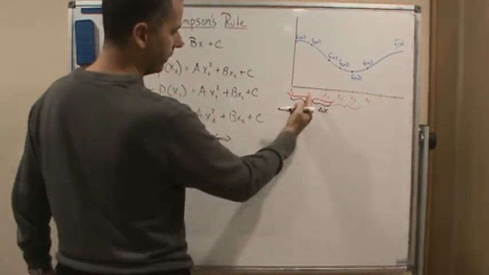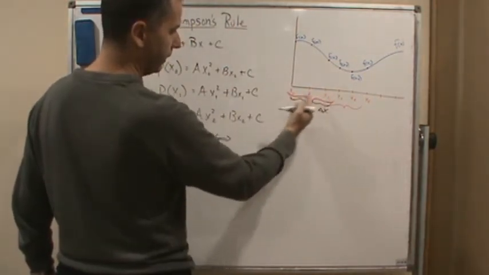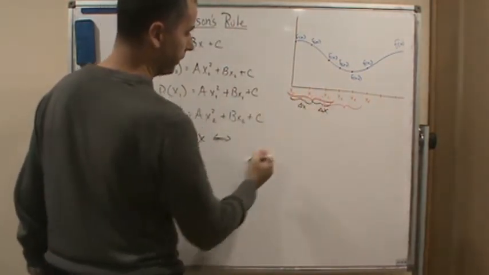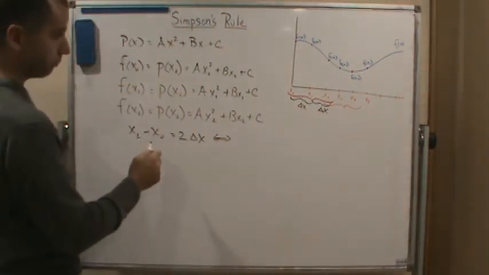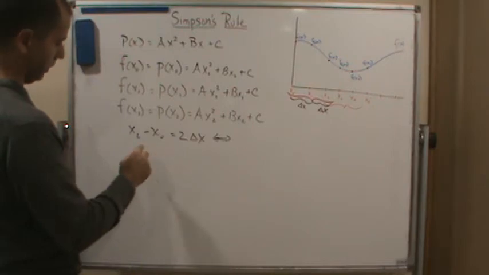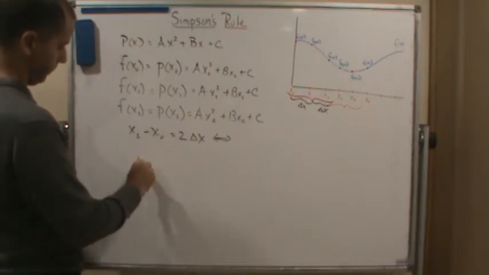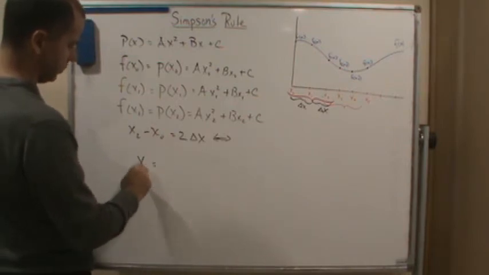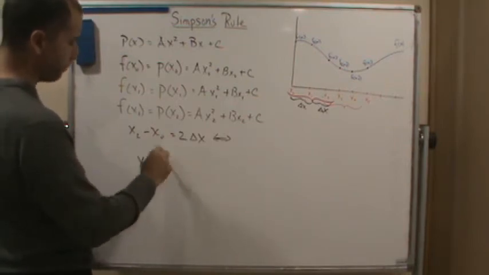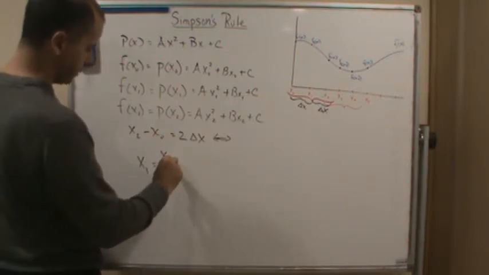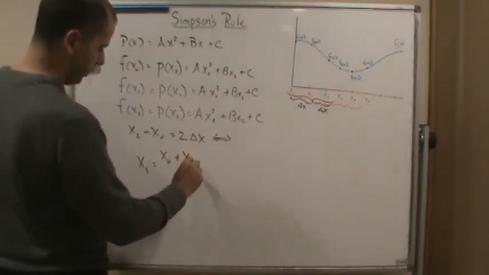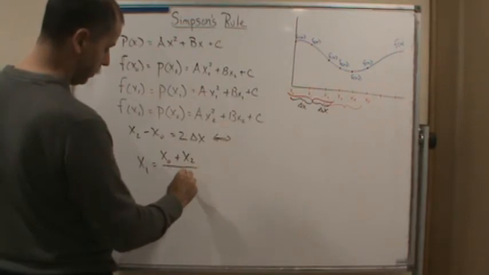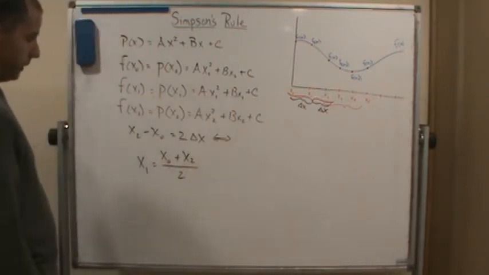So we know that x1 is right in between the two. It's the midpoint. So we can also say that x1 is equal to the average of these two, or the midpoint formula: x0 plus x2, divided by 2.